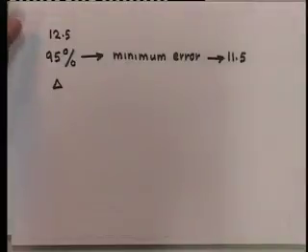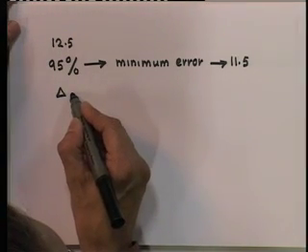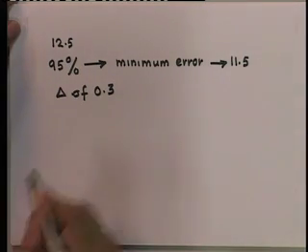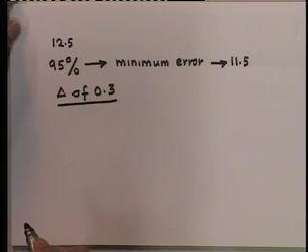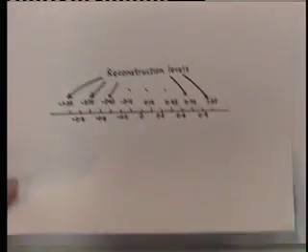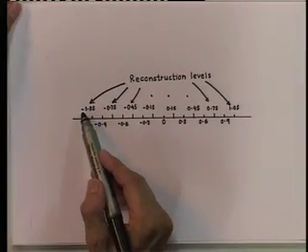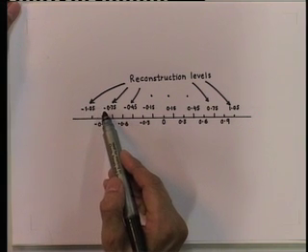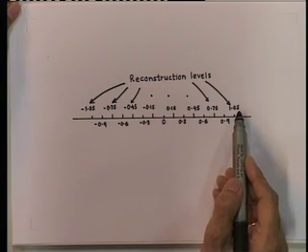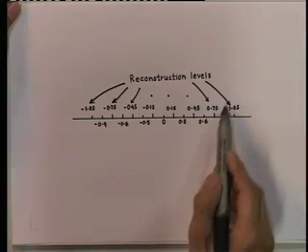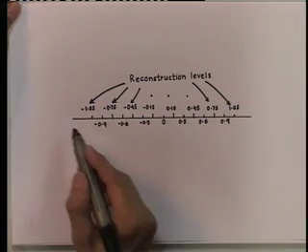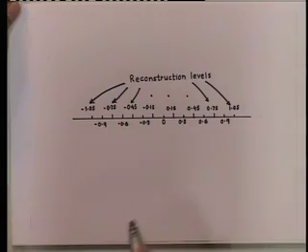So, based on this idea, suppose we pick a step size of 0.3. Now, based on this step size, the reconstruction levels would be as follows: minus 1.05, minus 0.75 up to plus 1.05. And these are the decision boundaries, where the extreme ones are minus 100 and plus 100.